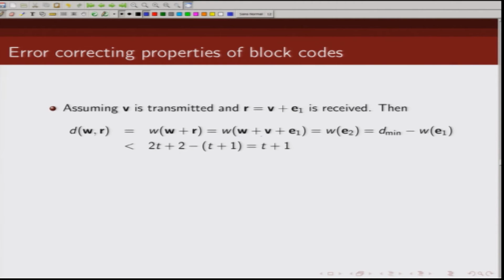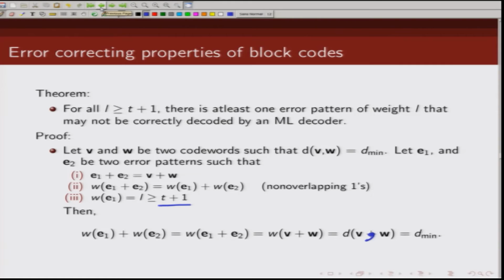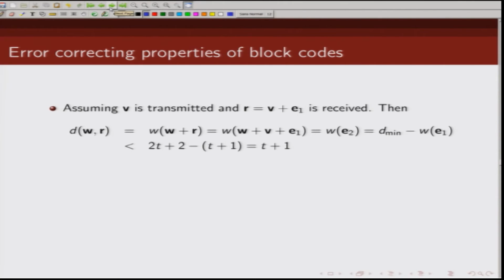Now, what is w plus v? From 1, I have w plus v is the same as E1 plus E2. So, then this is E1 plus E2 plus E1. E1 plus E1 will be 0, so this will be the weight of E2.